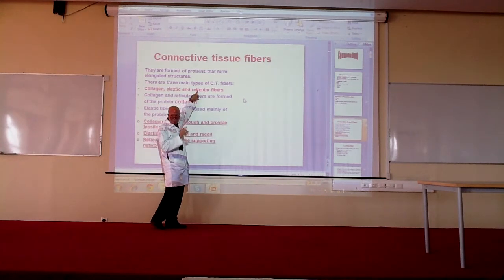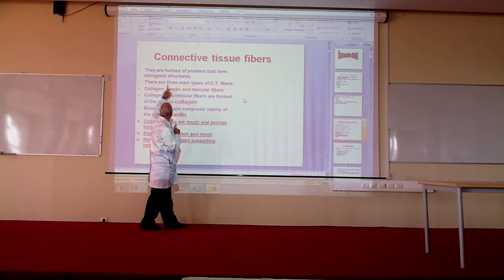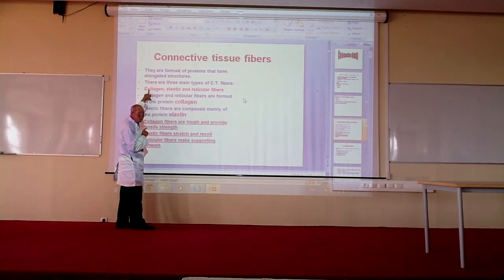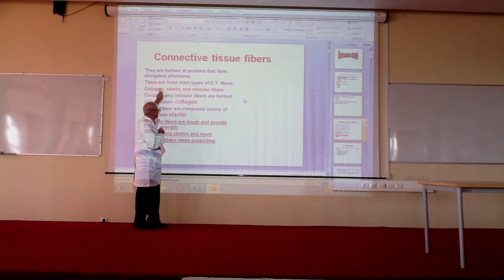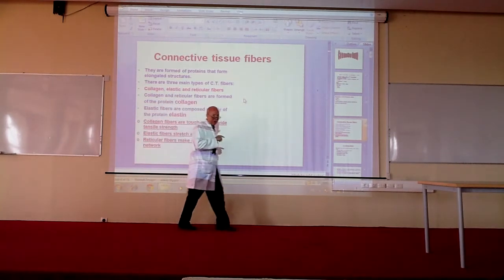Reticular fibers. They are formed of collagen, but the collagen is different from the collagen of the white fibers. So, collagen or white fibers, elastic or yellow fibers, and reticular fibers.